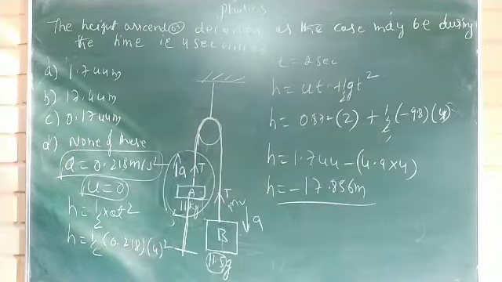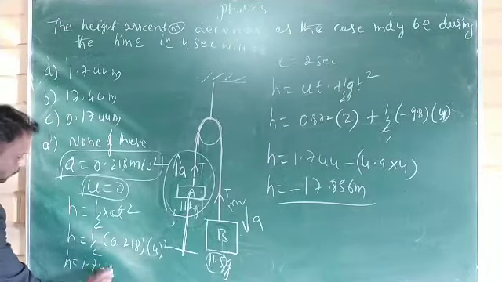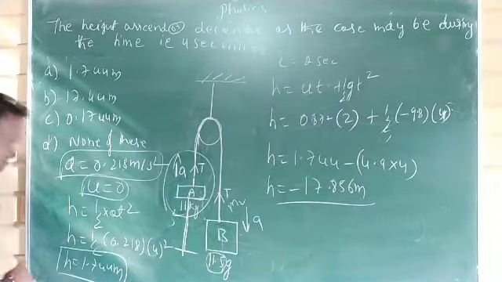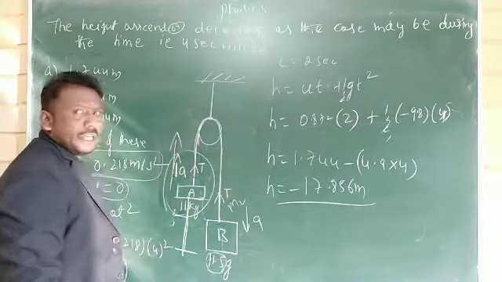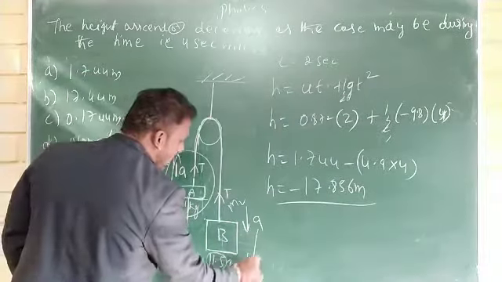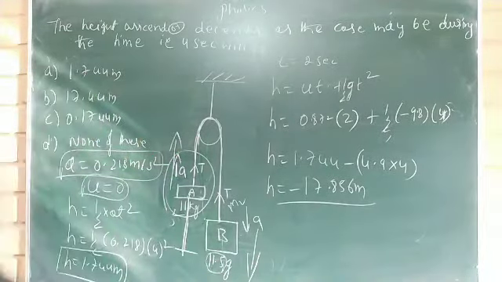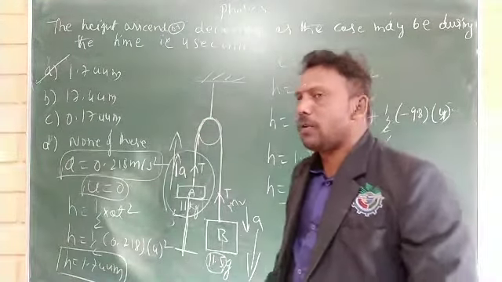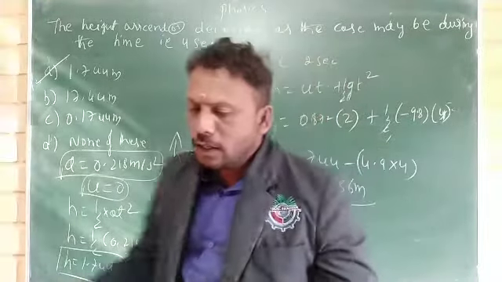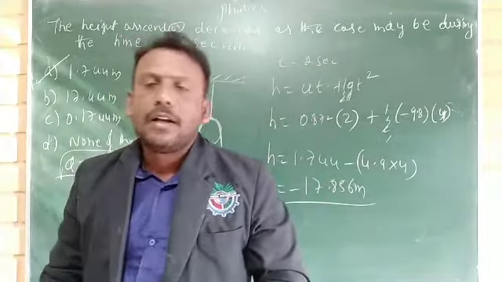After simplifying this equation, we get h is equal to 1.744 meter. It indicates body A will ascend and body B will descend. Therefore, option A is correct. This is the solution for this question.